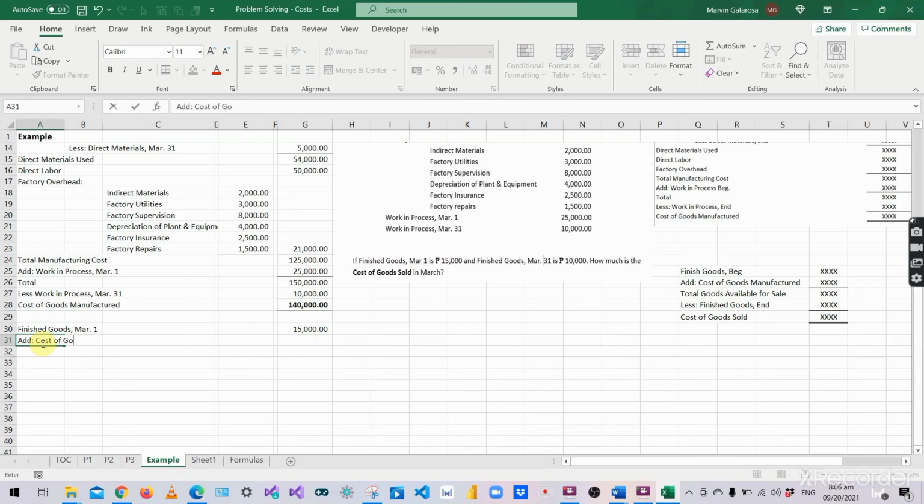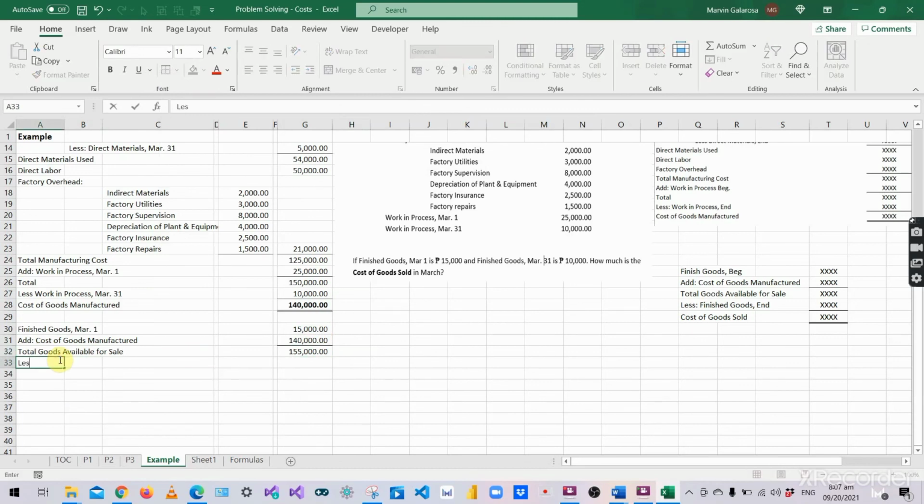So, cost of goods manufactured equal siya sa 140,000. Then, we will get the total goods available for sale. 15,000 plus 140,000 equals 155,000.